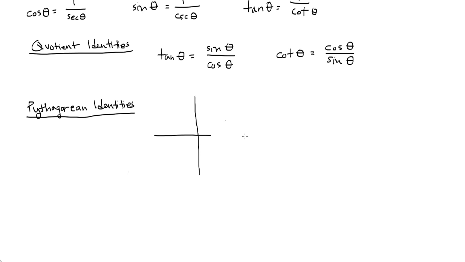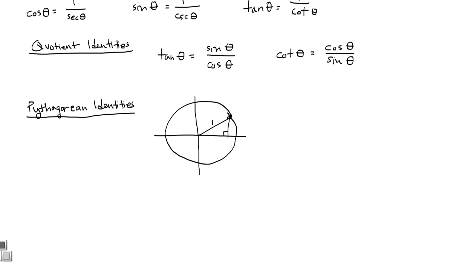Let's say I'm on the unit circle. Here's my point, and there's a right triangle. Remember, this is how we came up with the unit circle coordinates. The unit circle has a radius of 1.